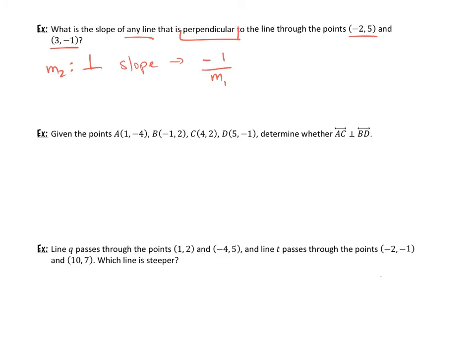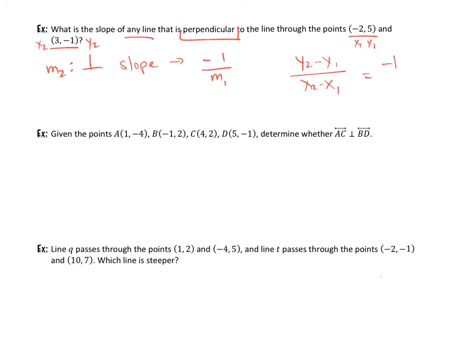So let's start with finding the slope of our first line. M1 is y2 minus y1 over x2 minus x1, where this is x1, y1, x2, y2.